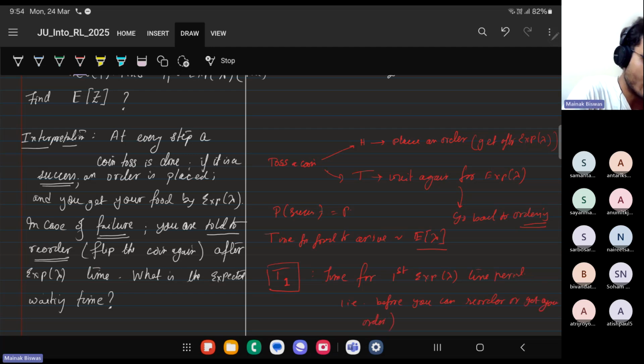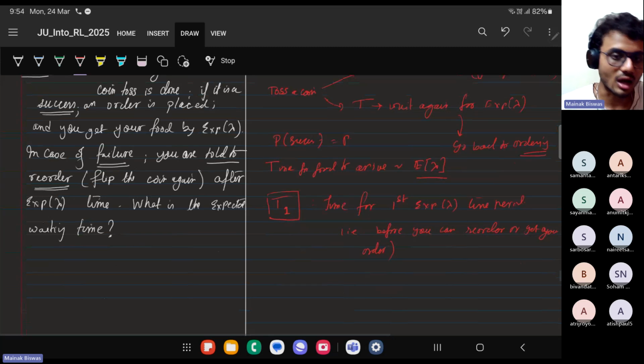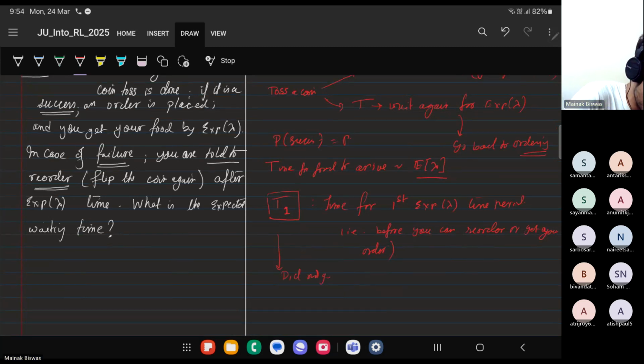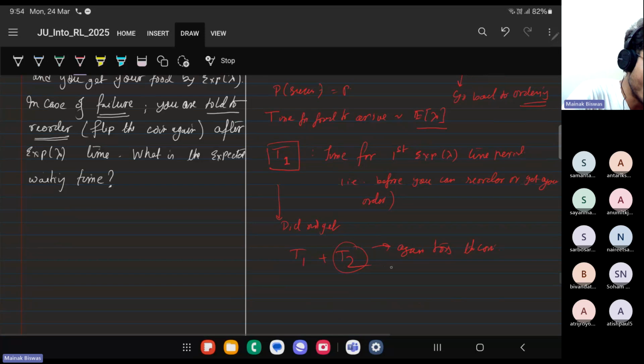So say that you did not get your order. Then what will be the total time? Say here you did not get it. So your total time becomes t1 plus t2. Yes or no? Because now at t2 you again toss the coin, and so on. So this will go on till t1 plus t2 plus dot dot dot tn.